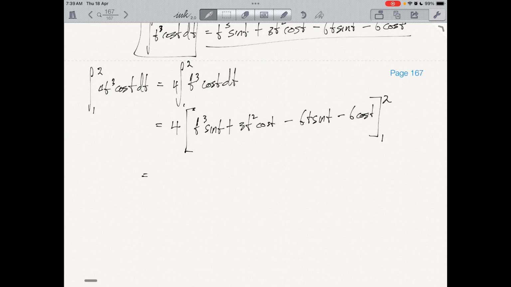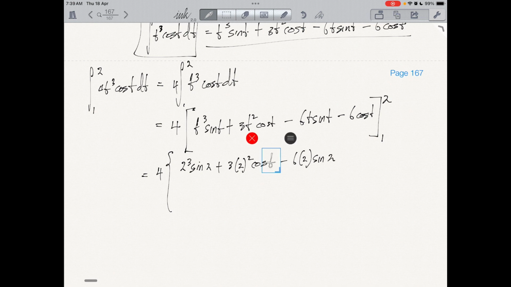Therefore, we can now plug in our upper limit. So this will give us 4 into 2^3 sin 2 plus 3 times 2^2 cos 2 minus 6 times 2 sin 2 minus 6 cos 2.